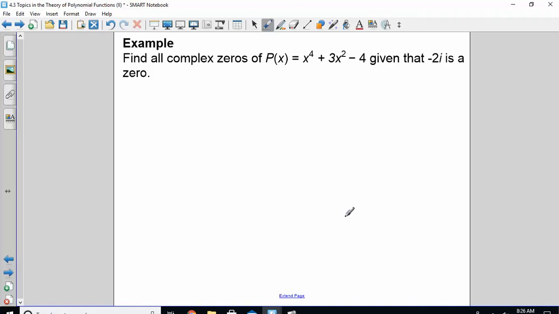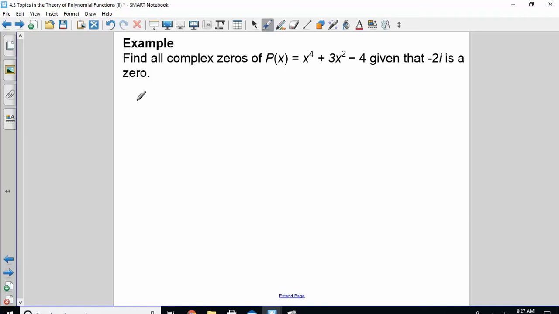So on the homework we're going to have several like this where I give you the first 0. I may or may not give you an imaginary 0 to start with. A lot of them I may give you a real 0 still. But whatever that is, whether it's real or imaginary, that's where you begin your synthetic division.